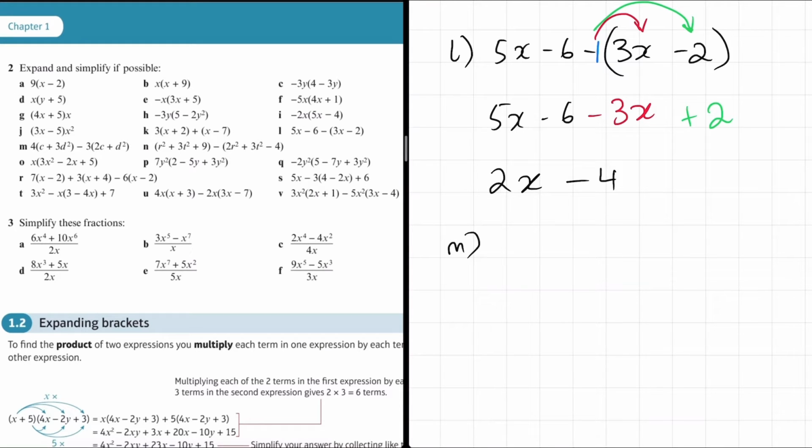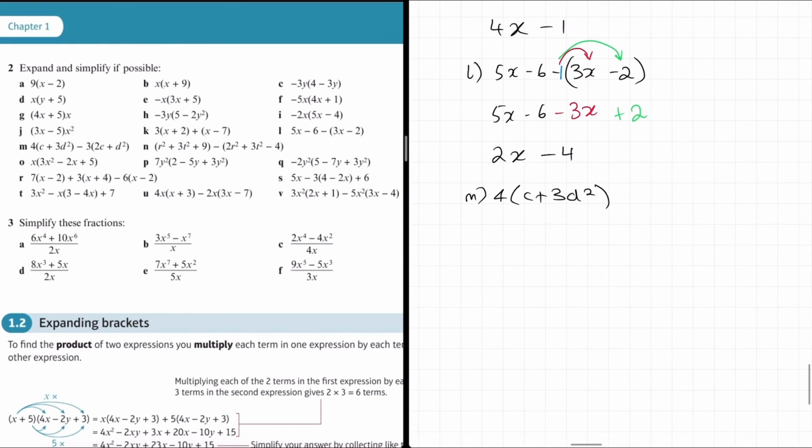M. We've got 4 times c plus 3d squared minus 3 times 2c plus d squared.